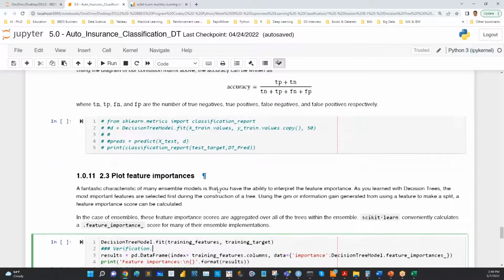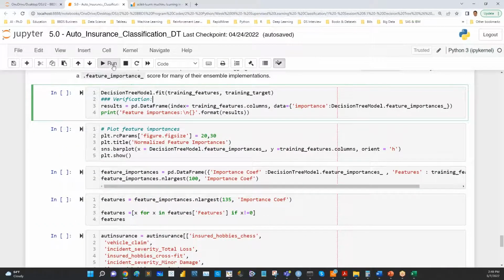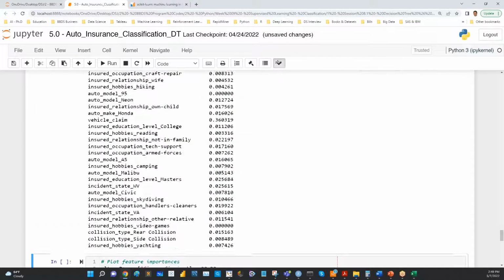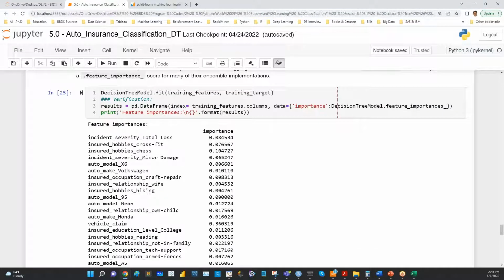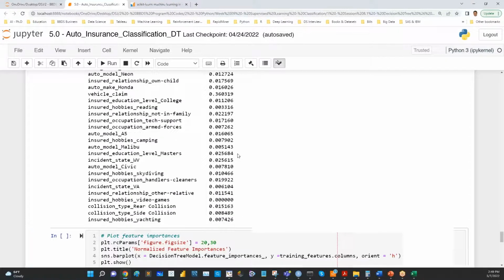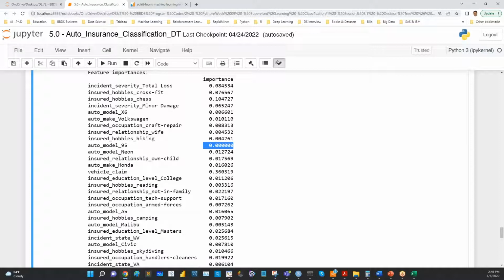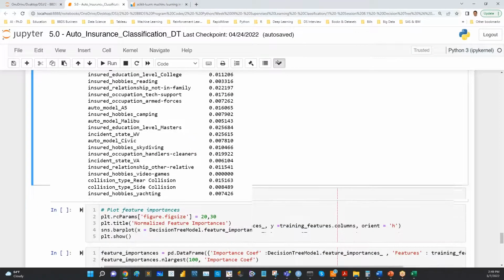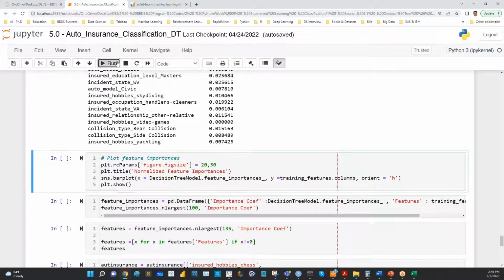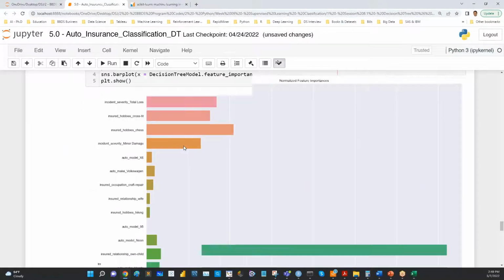Yes, we know them. So let's figure them out. These are the percentages. For example, auto model 95 has zero correlation, zero influence. Some have 0.10, 0.06. Now let's sort them and visualize them. Here we go.